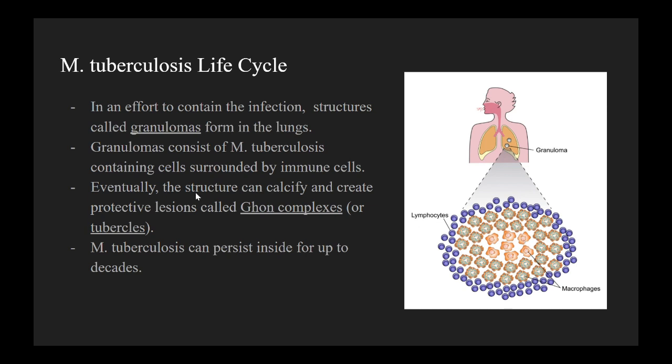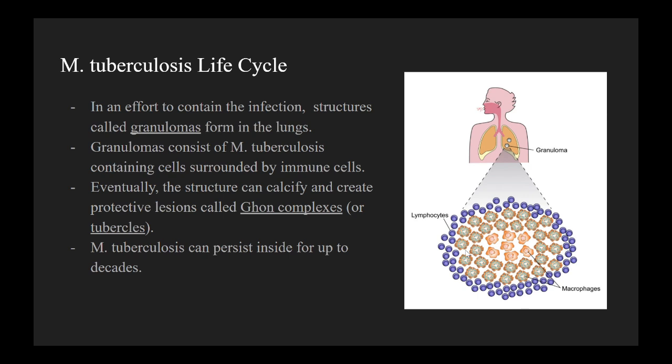But yeah, so these structures over time can actually calcify and harden and become rigid, and they create these lesions, these areas within the lungs called Ghon complexes or tubercles. And this tubercle thing, this is where the name tuberculosis actually came from. So that's pretty notable there. This is good for containing the infection, right?